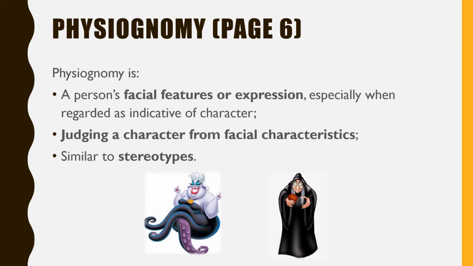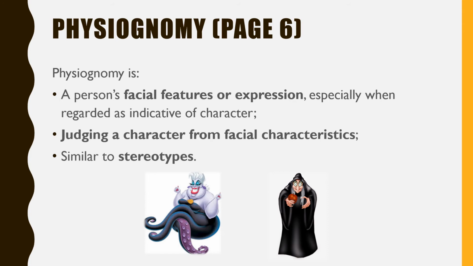Essentially, physiognomy is when a writer will use a character's description to give you a clue as to that character's personality or behaviour. And writers do this all the time, and you'll see I've put some images there to help you understand this term physiognomy, and the images are of villains that you might recognise from Disney films.